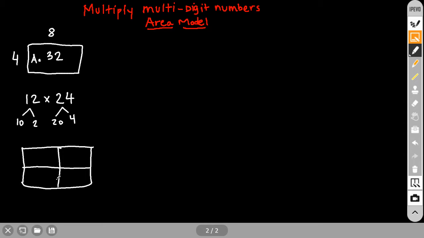So there are 2 rows and 2 columns. So how do we place these numbers here? So the 12 is going to go here as 10 over here and 2 over here.